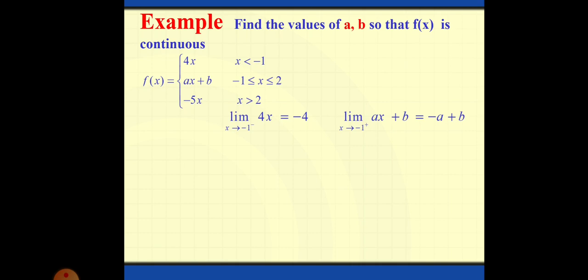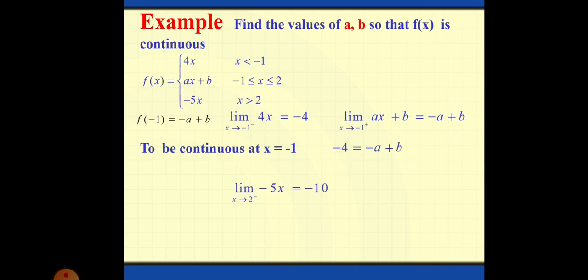Since this function is continuous at -1, the limit from the right and from the left are equal. So by equating these two limits, -4 equals -a plus b.